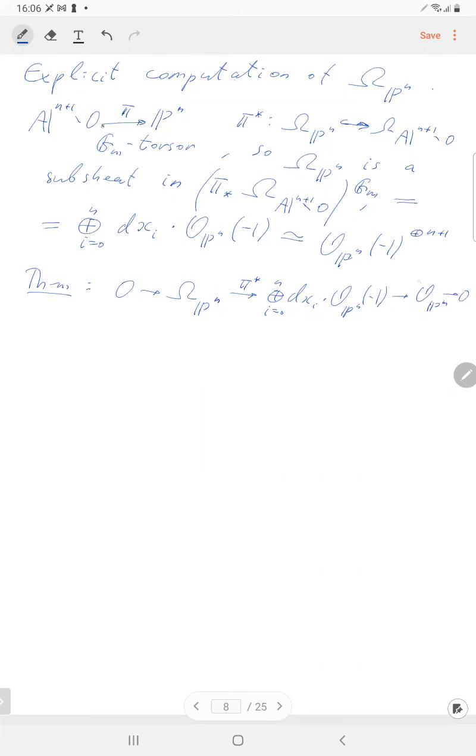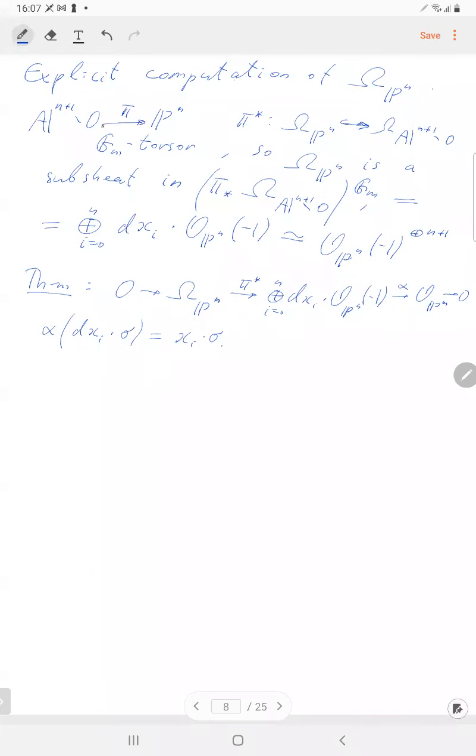Okay, and let me say how you get this morphism alpha to the structure sheaf. It's very simple. If you take the differential of a coordinate and multiply it with some section, then it's just the product xi times this section sigma.